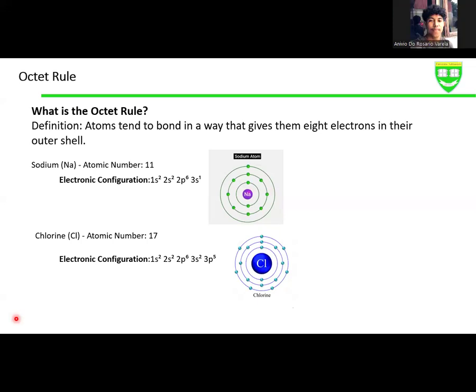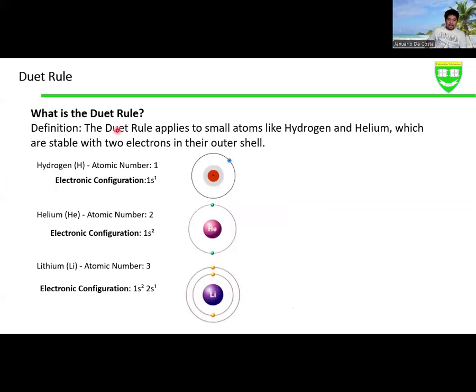Okay. Now, the same thing with the duet rule. Now that you already have the octet rule, the same thing applies with the duet rule. If you look at the hydrogen atom, it has only 1 electron. So 1 electron means it only has 1 electron in the outermost shell, right? This is just 1 over here that you see.